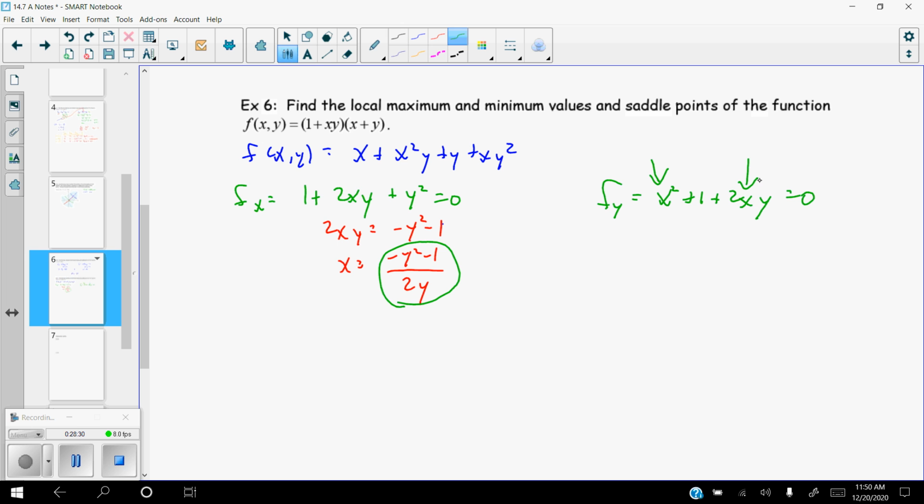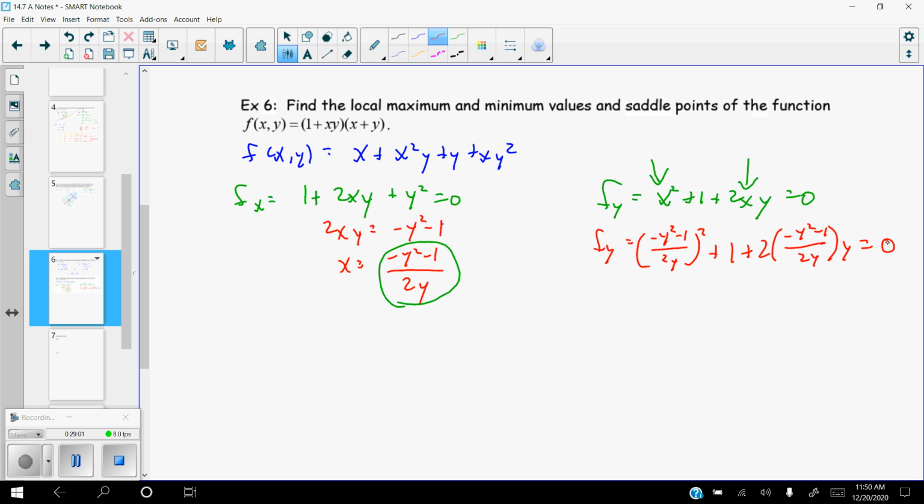That's why I said this is going to be ugly. All right, so we get that fy now has to equal negative y squared minus 1 over 2y, all that squared, plus 1 plus 2 times negative y squared minus 1 over 2y times y equals 0. Okay, this one's kind of a mess.